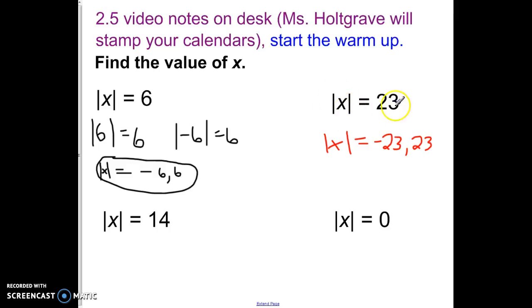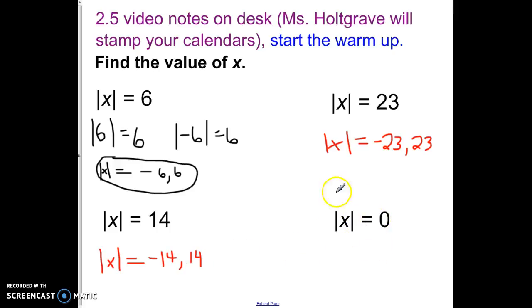So this 23 can be 23 spaces to the right of 0 or 23 spaces to the left of 0. So again, for positive 14, we know that x can be both negative 14 as well as positive 14.